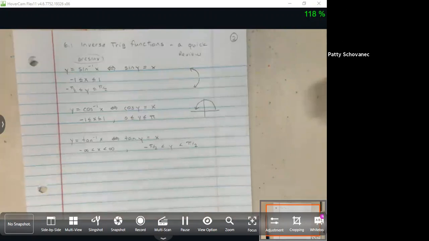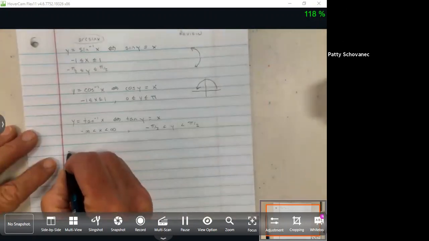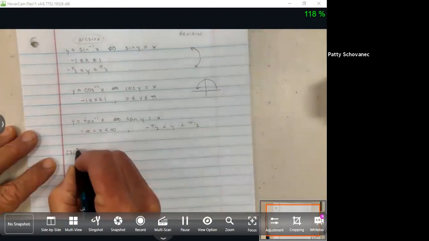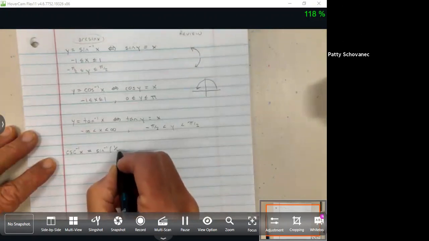If you ever want to deal with other inverse trig functions, you can convert them to these with the identities that the inverse cosecant of x is the same as the inverse sine of 1 over x.